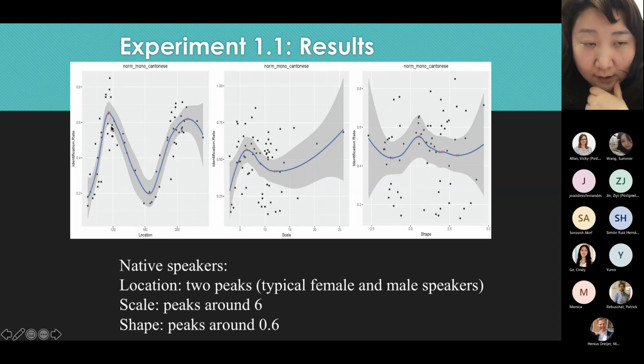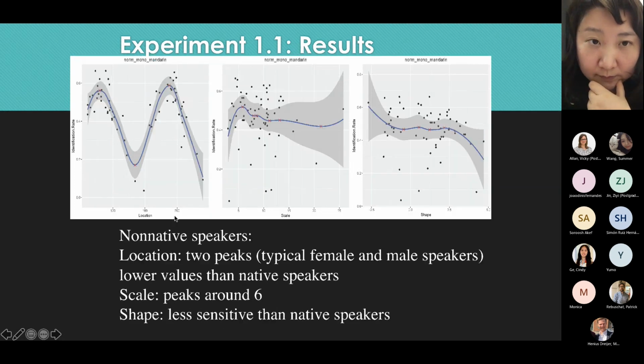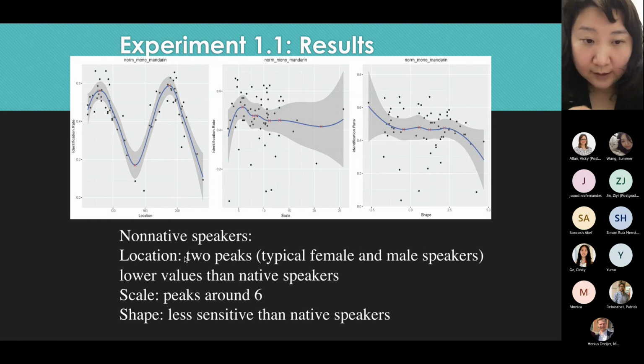So that's why there are two peaks for the location parameter. We also did the same thing for the non-native speakers. It's quite interesting to see that they also have two peaks, but of course the peak values are different between native and non-native speakers.